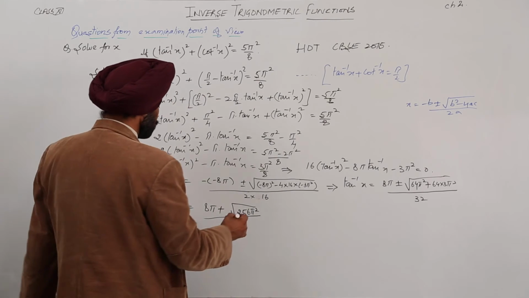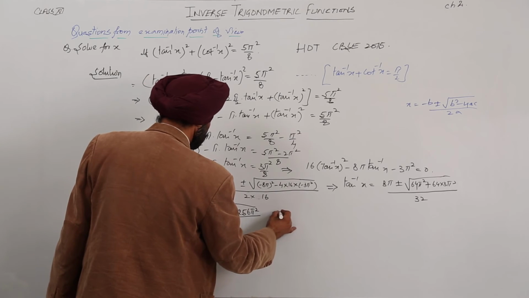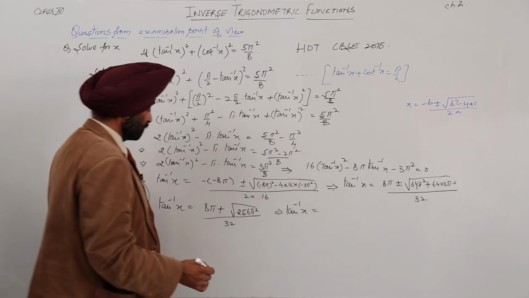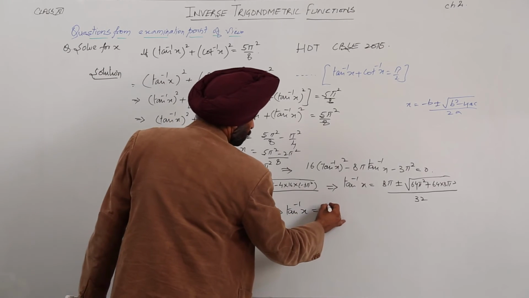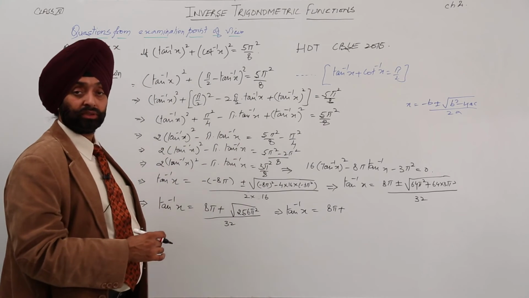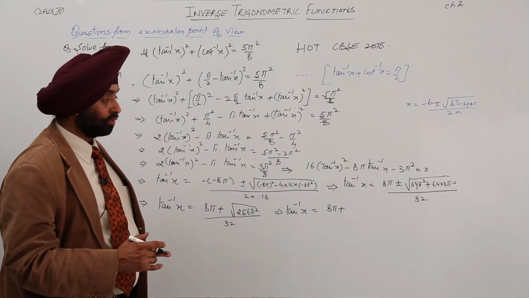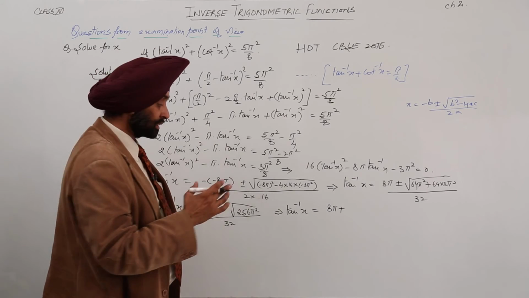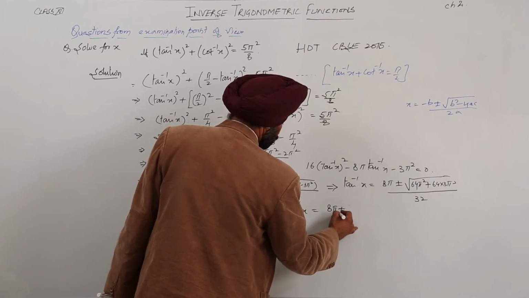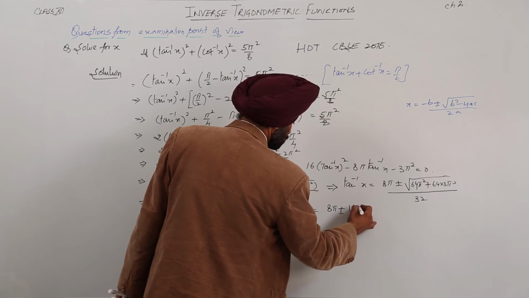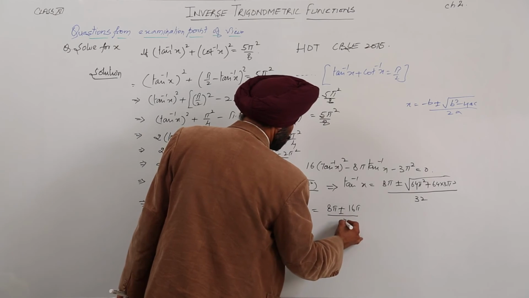Now 256 is the square root of what term? The square root of 256 is 16. So we are having 8 pi plus minus 16 pi upon 32.